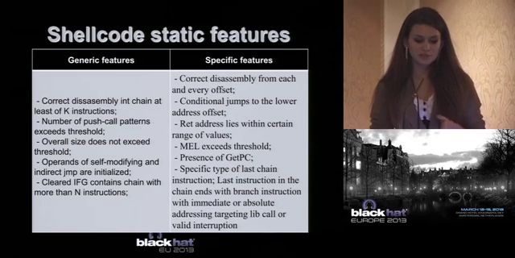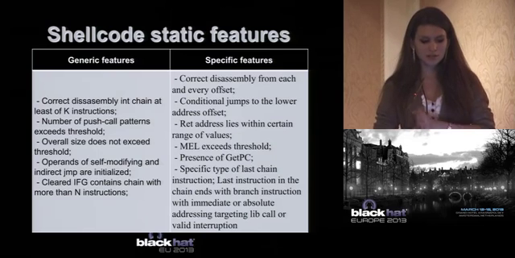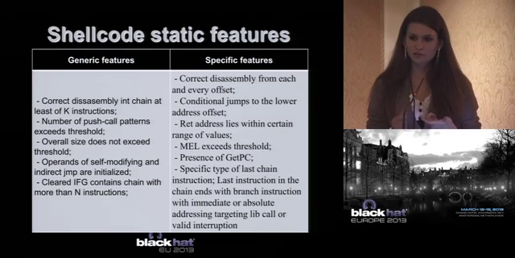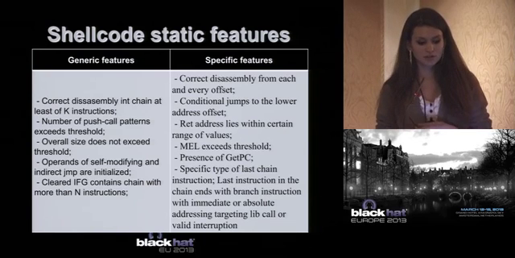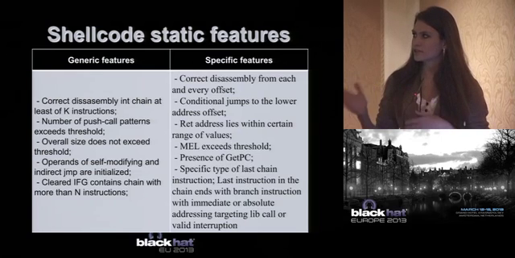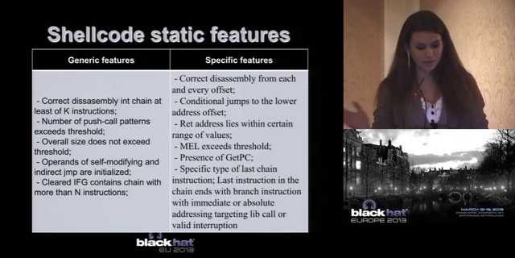We have two types of features: generic and specific. As was mentioned before, shellcode is a program. So generic features typically rely on the fact that shellcode is a program.